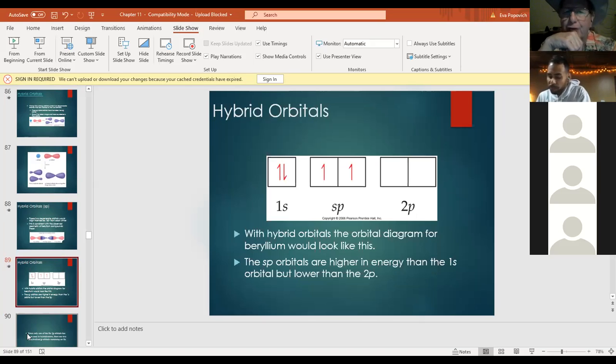So we get this hybridization happening. Now you have to understand energetically, the sp orbitals have less energy than the 2p because it incorporates some of the s properties into it, but it has more energy than the s did.